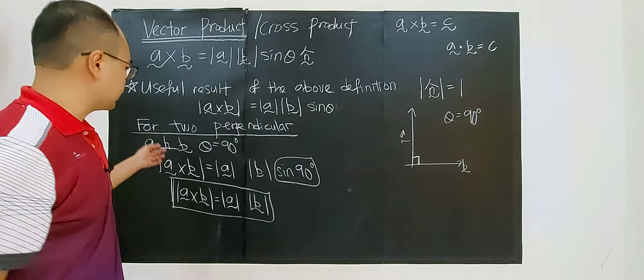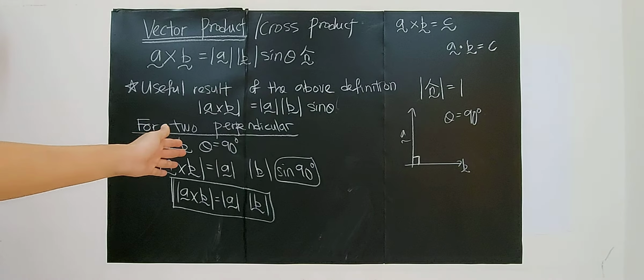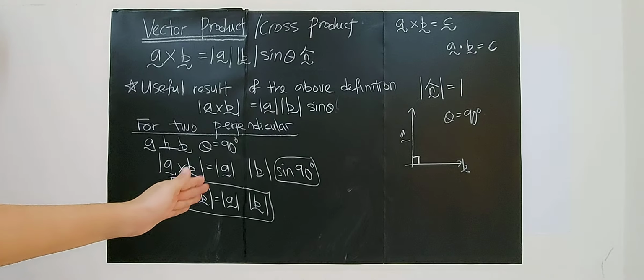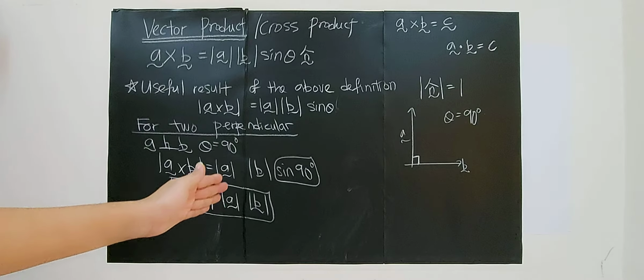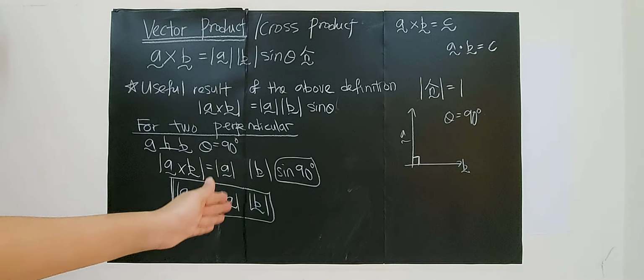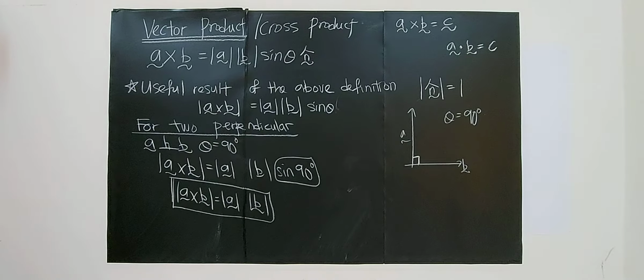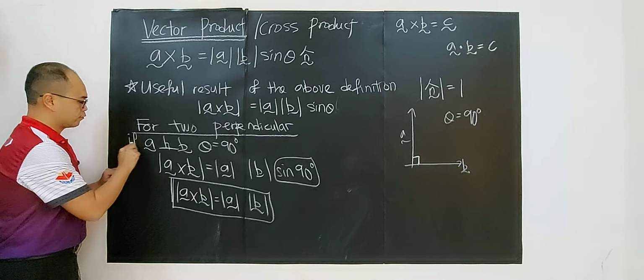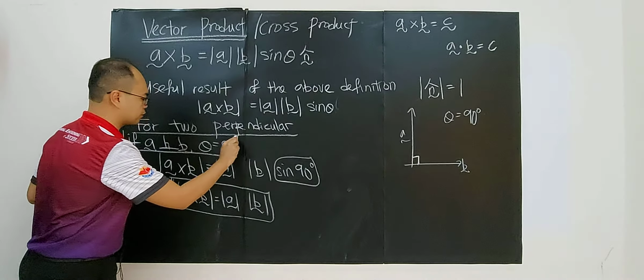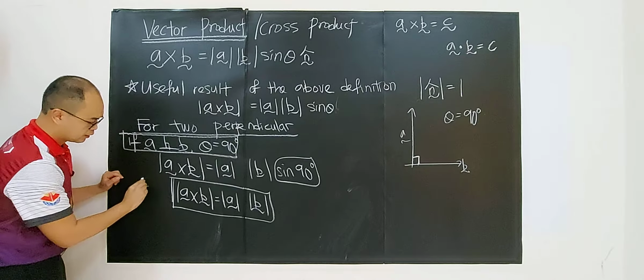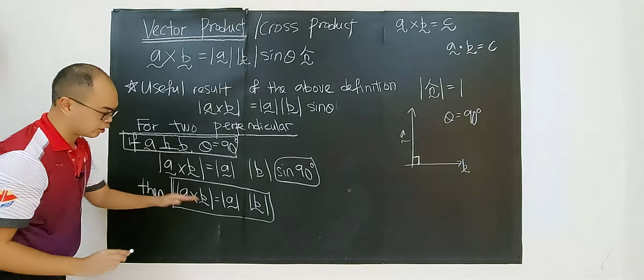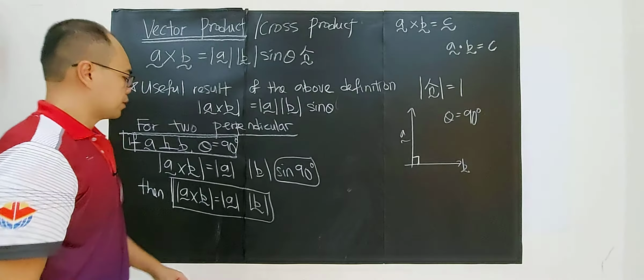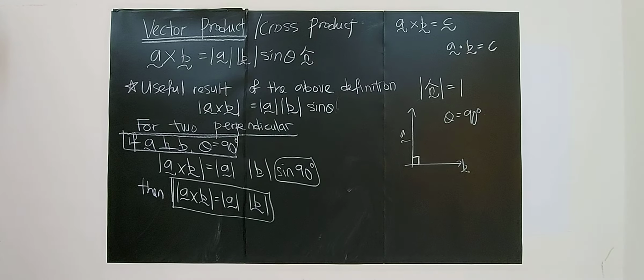If vector A is perpendicular to vector B, then the magnitude of A cross B is the same as the multiplication of the respective magnitudes of A and B. Simplified, this only happens if A is perpendicular to B, then the magnitude of A cross B is the magnitude of A multiplied with the magnitude of B. This is a very important result.